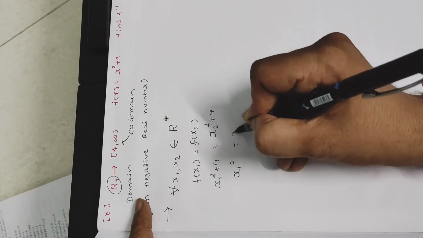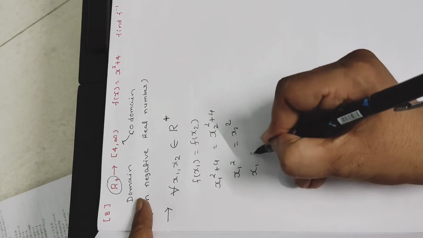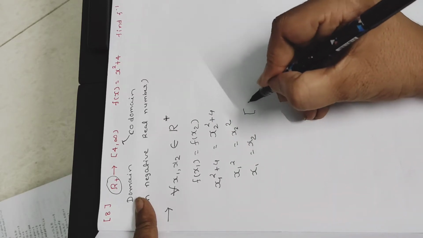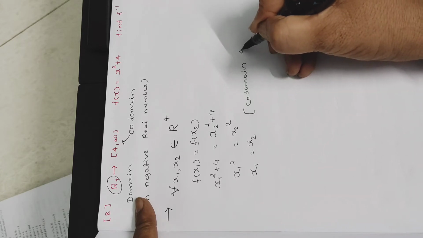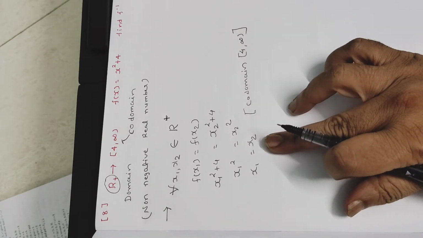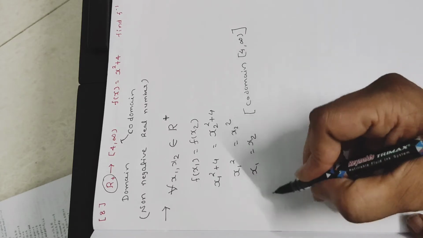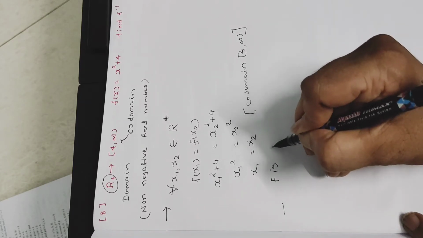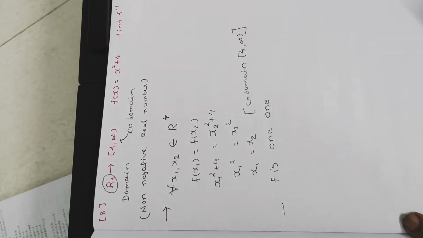So x1 square is equal to x2 square. So x1 is equal to x2 because our codomain is from 4 to infinity, means only positive I have to select. So there is no need to write plus or minus. So f is 1-1.